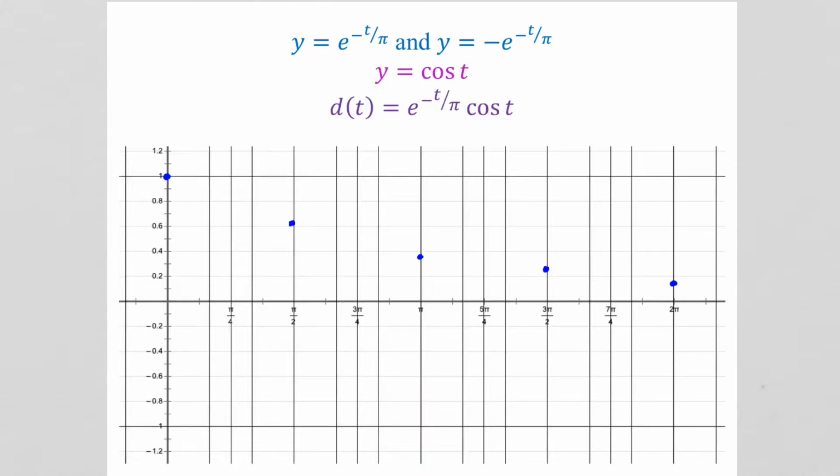So what we have is this. And then to graph negative e to the negative t over pi, we just flip it over the x-axis.